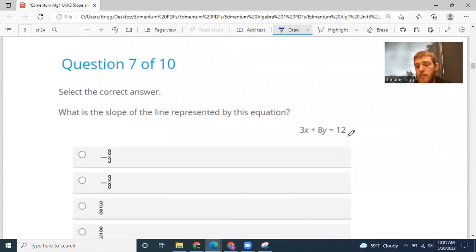What is the slope of this equation? In order to find the slope here, I would get us into slope-intercept form, y equals mx plus b. My goal is to get y by itself. How would we do that? First, I would subtract 3x on both sides of the equation. That gives us 8y equals negative 3x plus 12.